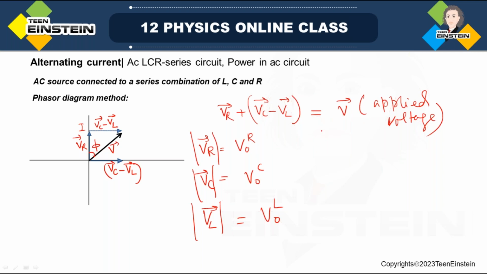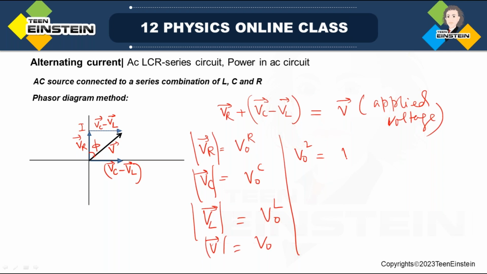So see, from here, if I take the magnitude of all this, then how can I write? This has got magnitude V0 alone. So I can write V0 square is equal to, since this is a vector sum and they have a 90 degree angle.